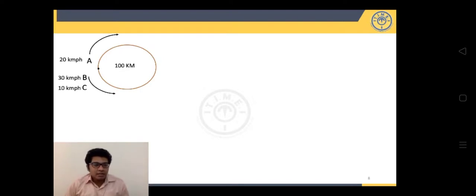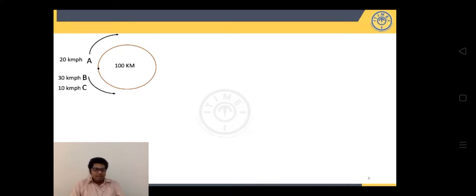A and B will meet after 2 hours, and for every 2 hours A and B will keep meeting. That is 100 divided by the opposite-direction sum, 30 plus 20, which is 50. 100 by 50 is 2 hours. If they start at 12 o'clock, they will meet at 2, 4, 6, 8, 10, 12 and keep on meeting at those times.